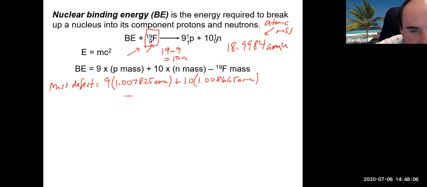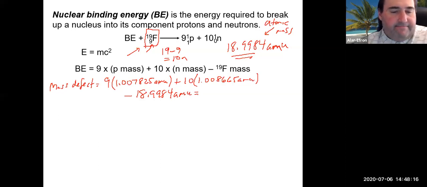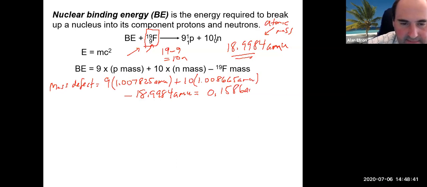And then we would subtract it from the atomic mass of that isotope, which is 18.9984 AMU. And if we do that, we get a difference of 0.1586 AMU.